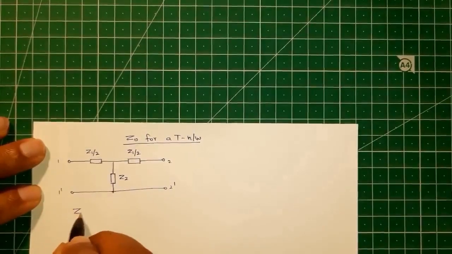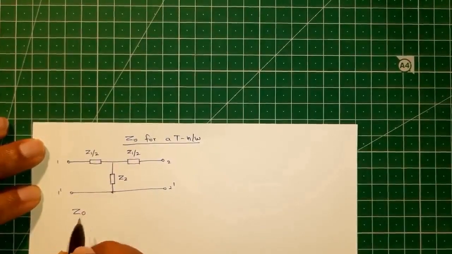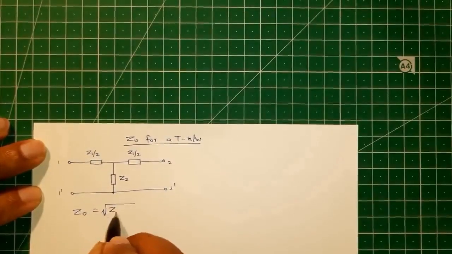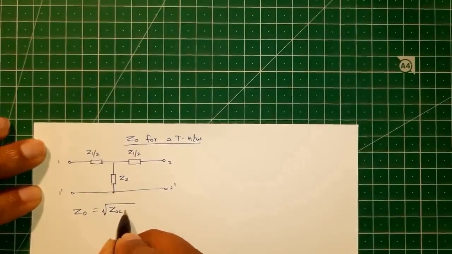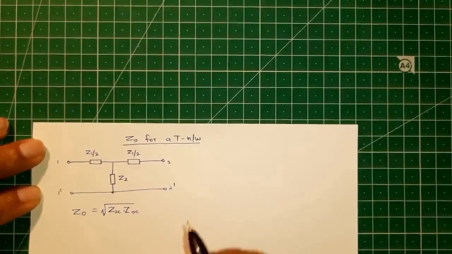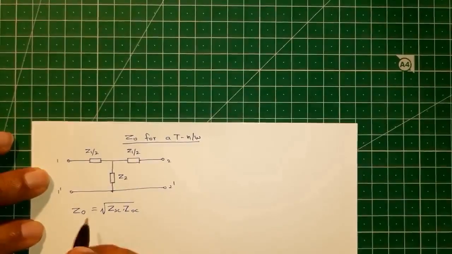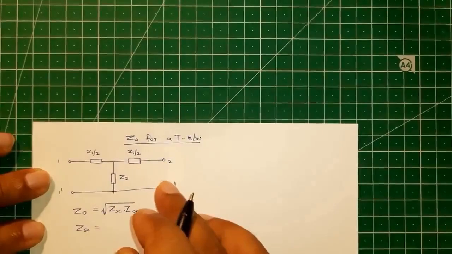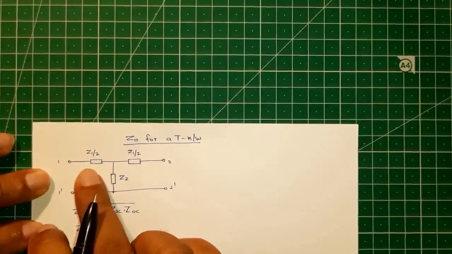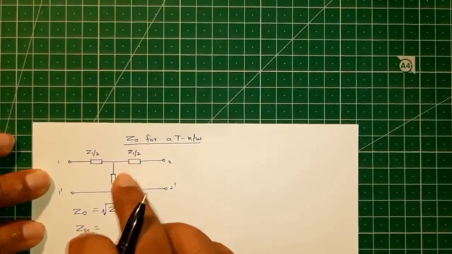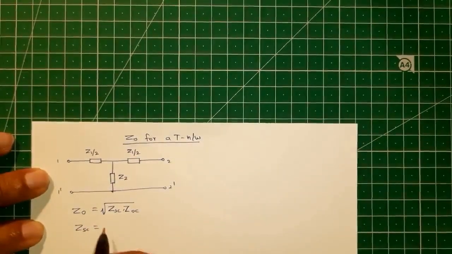So we know the general expression for the characteristic impedance, which is equal to the geometric mean of the short circuit and the open circuit impedance. So what is the short circuit impedance ZSC? It will be this impedance in series with the parallel combination of these two impedances.